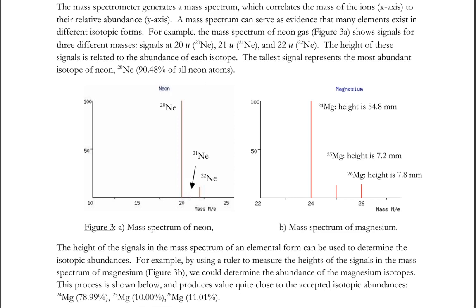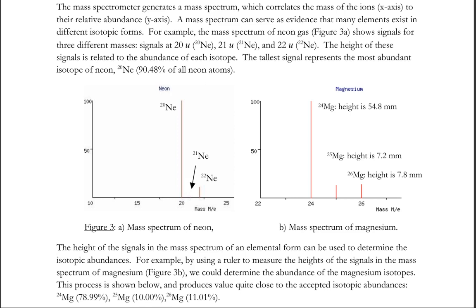We see that neon 20, the lightest, has the greatest abundance. Neon 21 has a very tiny little peak, so it's the least abundant. And neon 22 has an in-between abundance. This same information was taken for magnesium, which turns out to also exist as 3 isotopes, magnesium 24, magnesium 25, and magnesium 26.